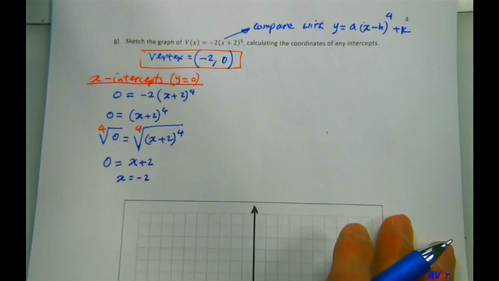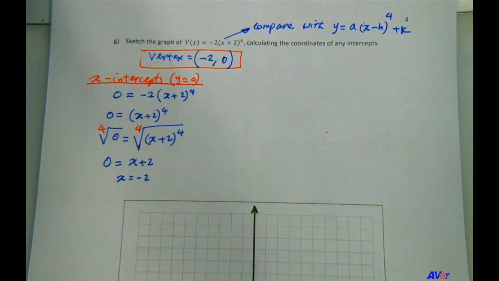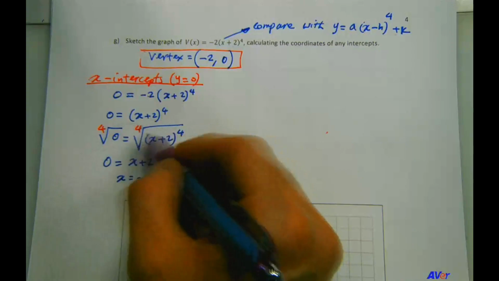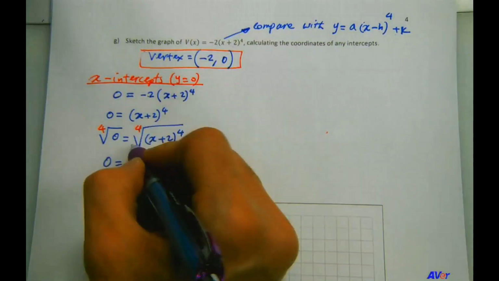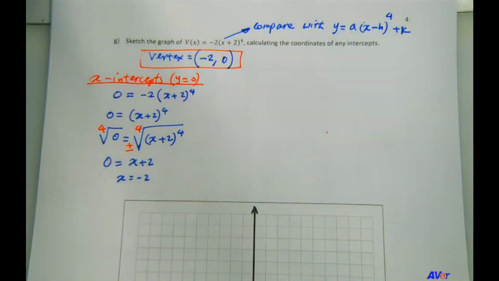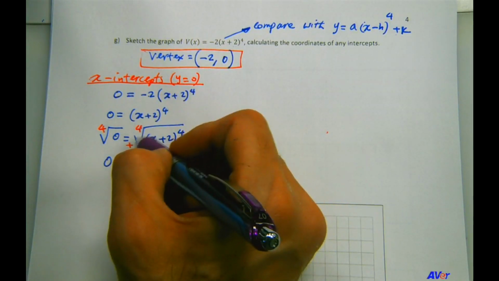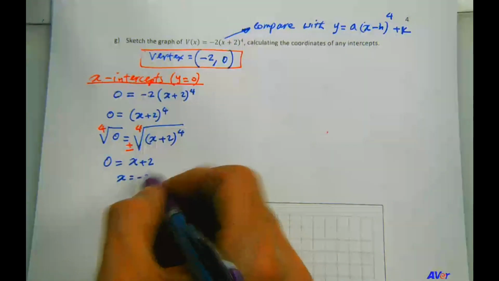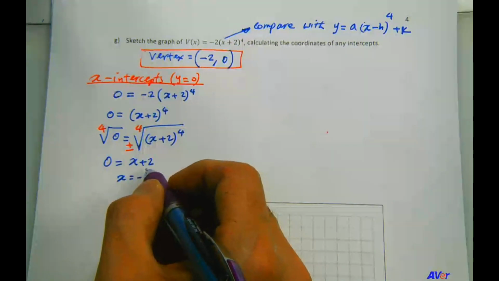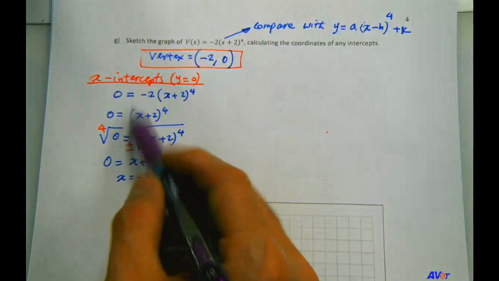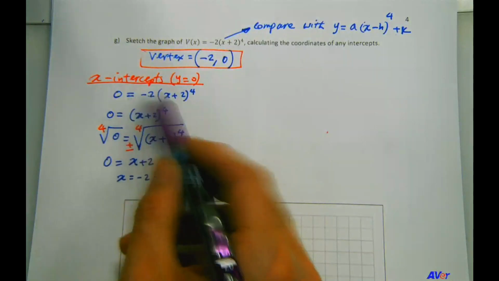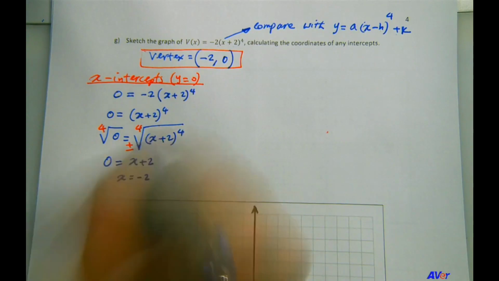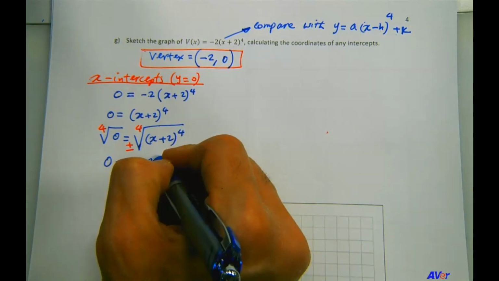I should remember that when we take the square or the 4th root of both sides, this becomes plus or minus, because that's an even root. I jumped a step too early here.